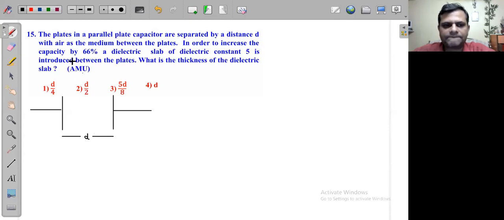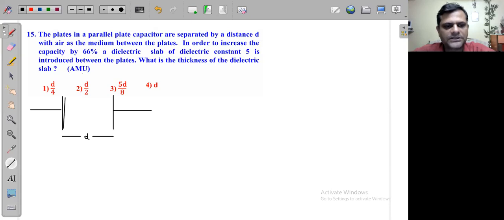ठीक है। So in order to increase the capacity by 66%, a dielectric slab of dielectric constant 5 is introduced in between the plates. Yes, that means we have to introduce a dielectric in between these two plates.